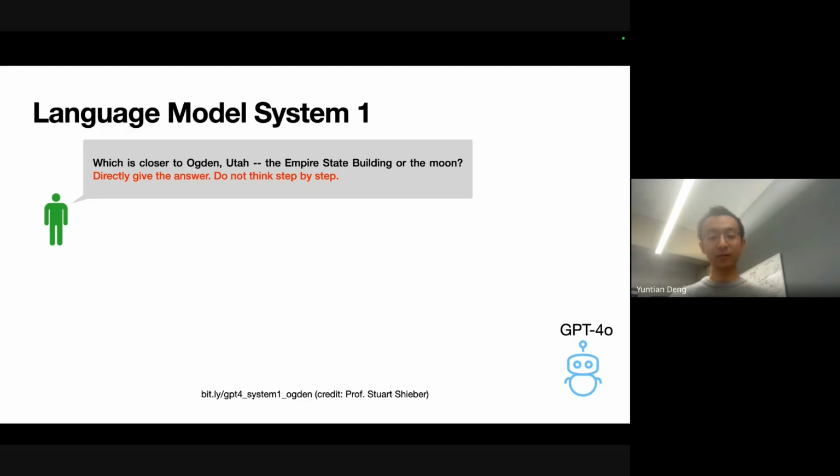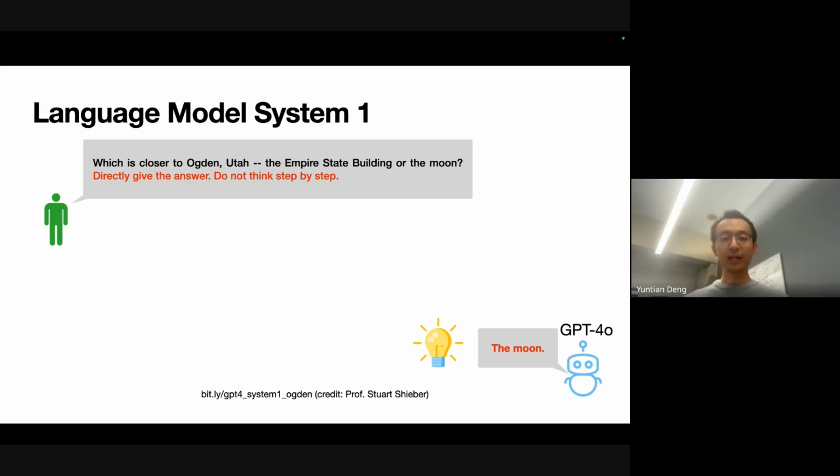And if you ask GPT-4 this question, it will directly say the moon, which is obviously wrong. And by the way, to make sure that all the examples used in my talk are reproducible, I added the links to these shared GPT conversations at the bottom of my slides.